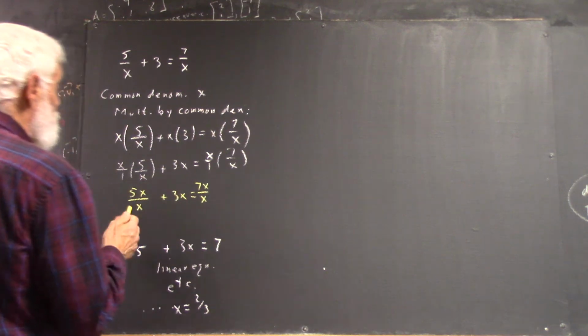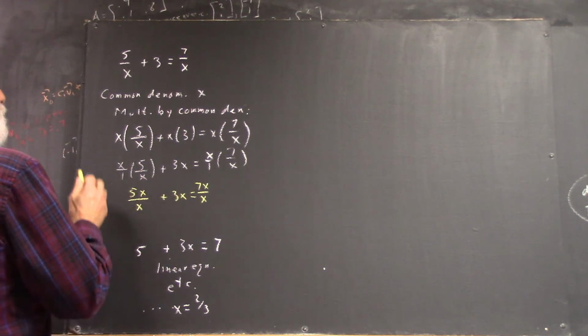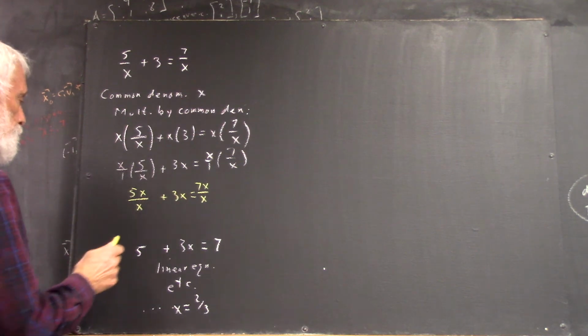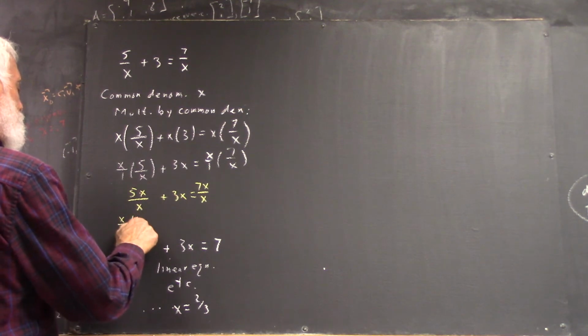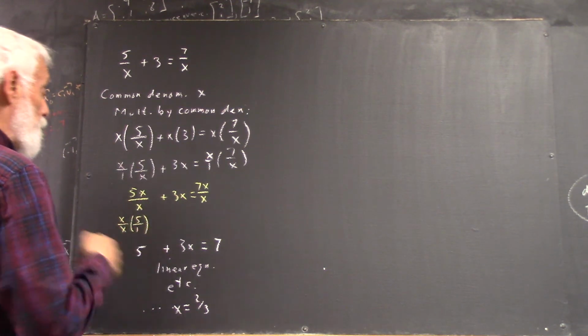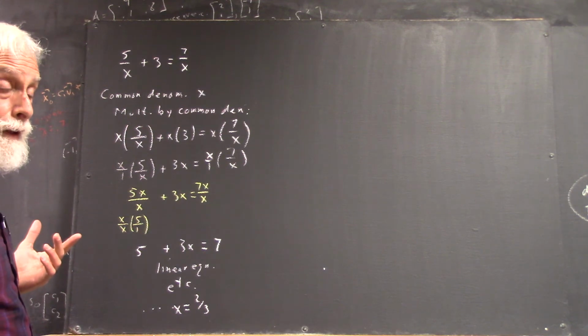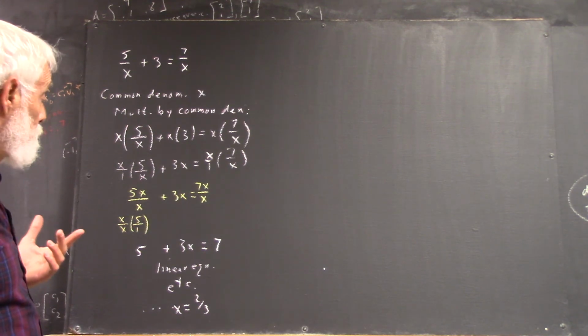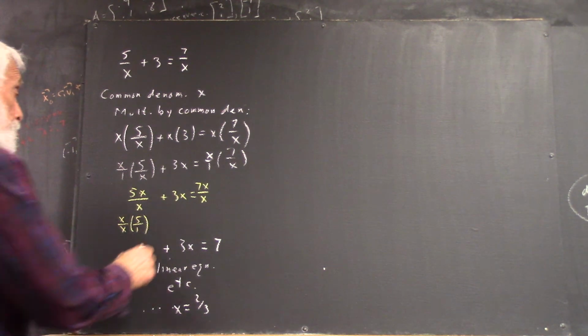Well, this can be rearranged in a lot of ways, but the clearest way to put it in the form of fractions again is, this is the same as doing x over x times 5 over 1, isn't it? Yeah, it is. Correct. Either way, this way or this way, right?